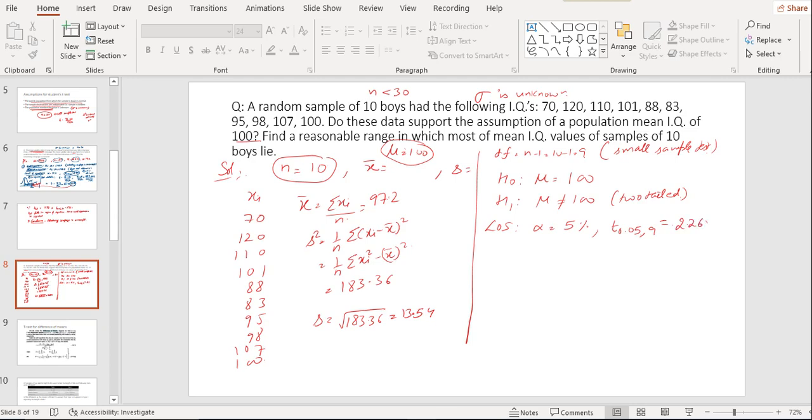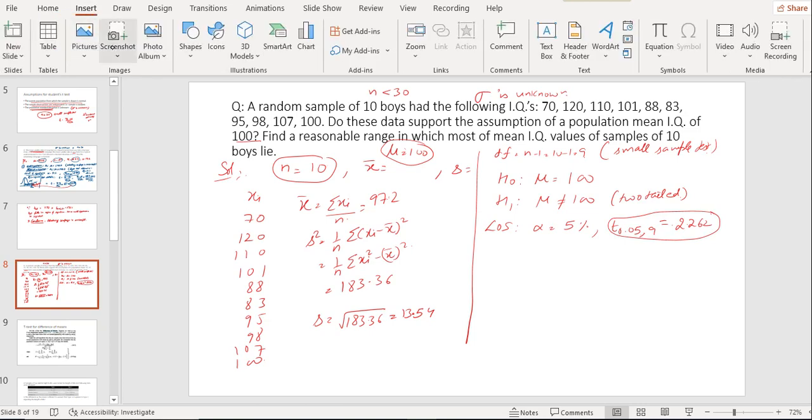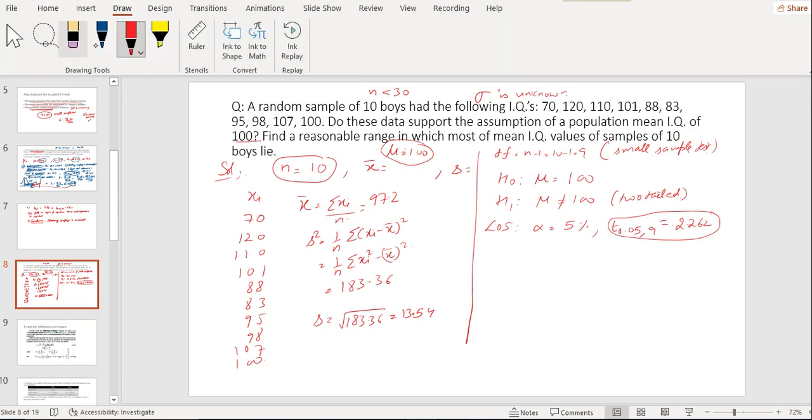This is the tabulated value, right? So now we are going to calculate its value using test statistics. So the test statistic t is equal to x bar minus mu upon s upon square root of n minus 1, because we have calculated the sample standard deviation, so we can use this formula.